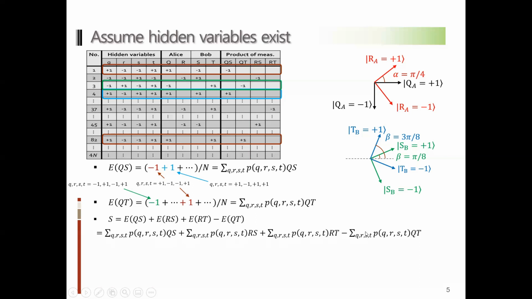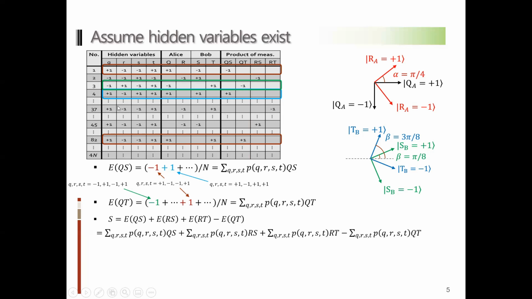Now what I'm going to claim is that for some specific combination of QRST, like +1, -1, -1, +1, whether we are talking about QS or QT, the probability of having this combination is the same, because that probability is determined by Charlie, or the hidden variables.